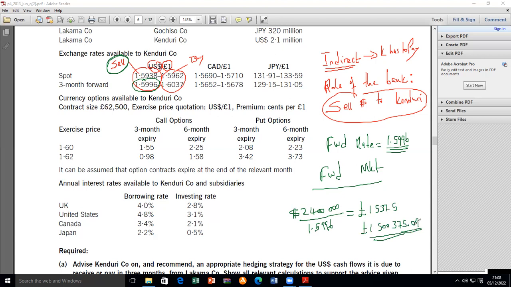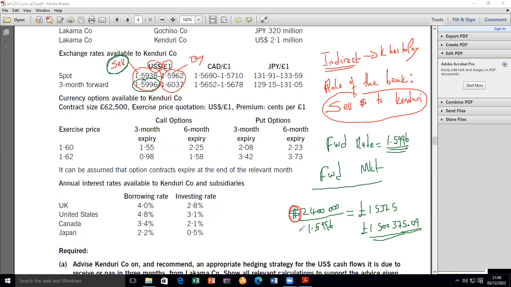But those are dollars. Come again. Those are dollars. Which number? The 1,500,000. You have converted them. Remember, first of all, they were dollars.